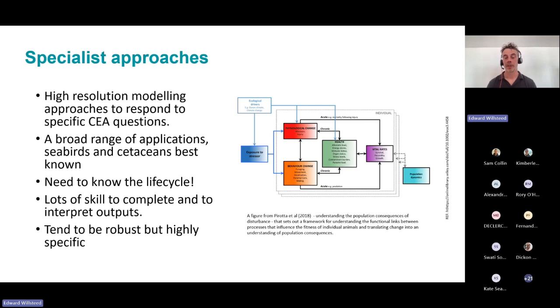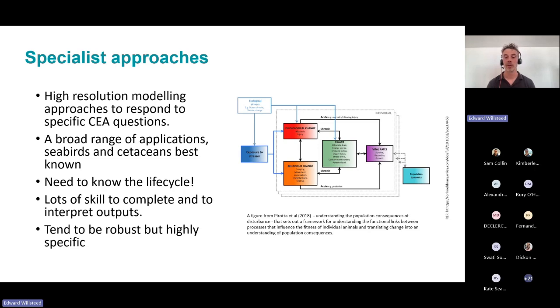The third broad category are specialist approaches. Now, these are bespoke approaches that respond to specific questions and specific species or populations or habitats. These are high-resolution modeling approaches, and there's a wide range of examples. Perhaps the best known are those which are applied to seabirds, particularly in relation to offshore wind, and cetaceans in relation to noise.